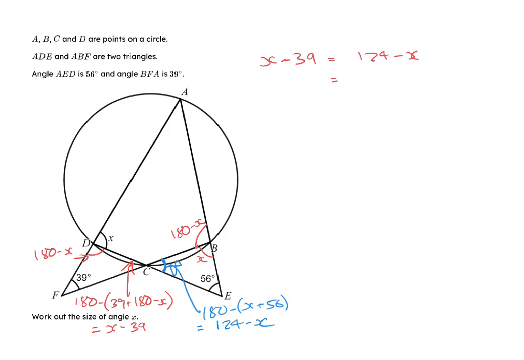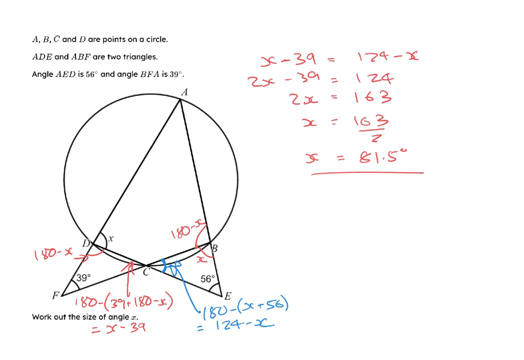I'm going to add x to both sides to give me 2x minus 39 equals 124. Add 39 to both sides, so 2x equals 163. So x is going to be half of 163. So x is going to be equal to 81.5 degrees.